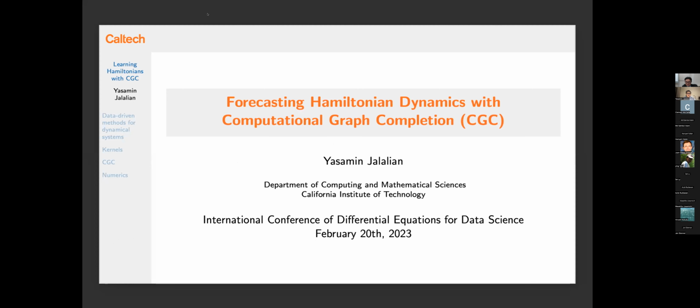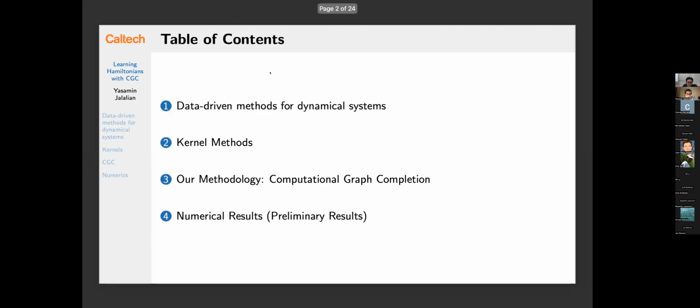Thanks for the invite. I'm happy to be here. Today I'm going to talk about forecasting Hamiltonian dynamics with computational graph completion. I'm first going to motivate why we consider data-driven methods for studying dynamical systems at all. Then I'm going to talk about kernel methods in particular among those data-driven methods, because that's going to be the underlying framework of our main methodology.